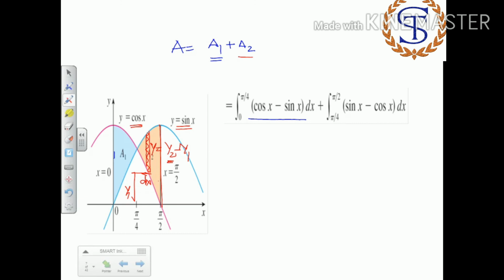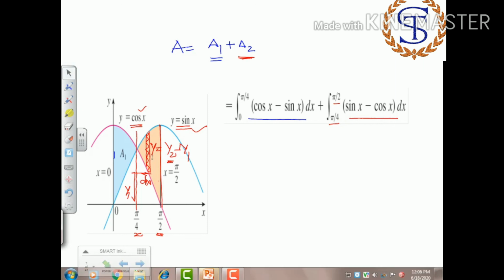Now to find the A2, this is sin x minus cos x. And the limits we have to use are from pi by 4 to pi by 2.